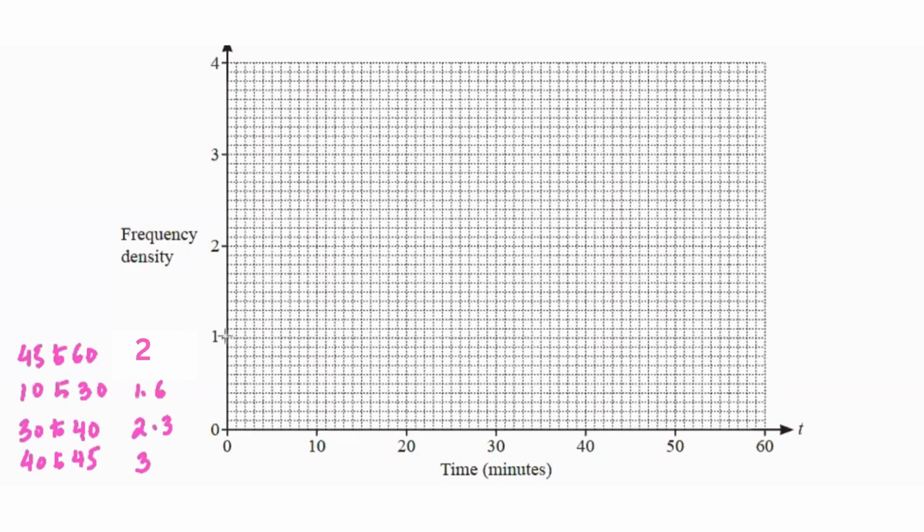From 10 to 30, it's 1.6. 1.6 is 1, 2, 3, 4, 5, 6. This is from 10 to 30. Then 30 to 40 is 2.3. 1, 2.